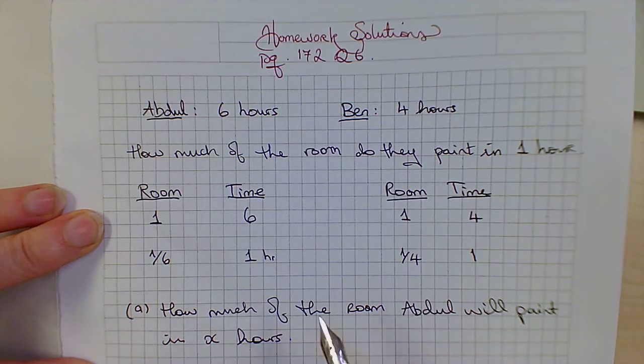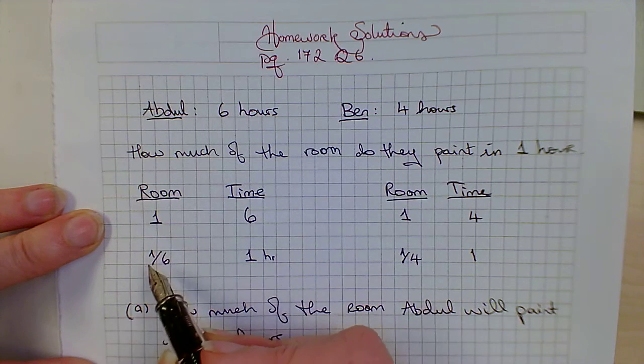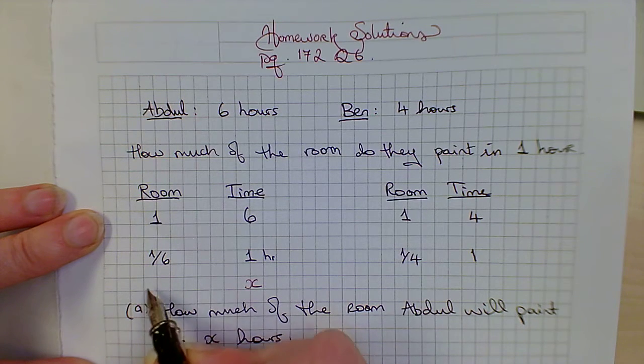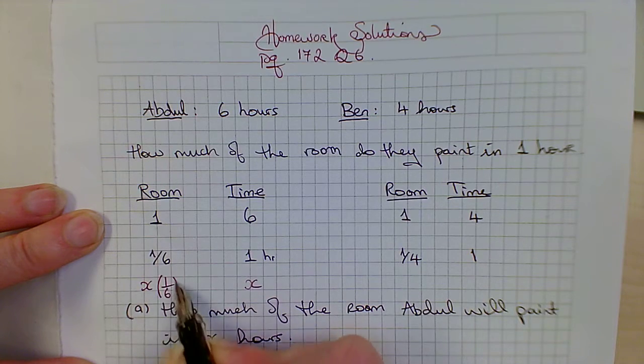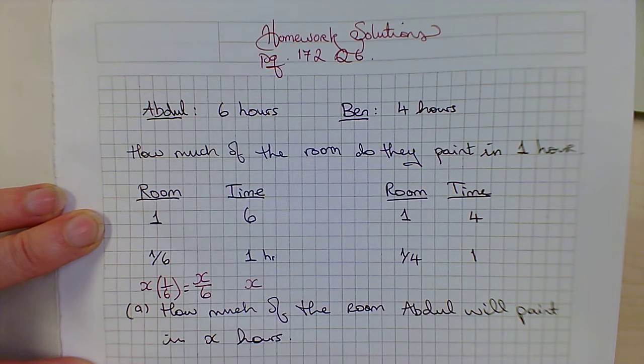But basically, all you're going to do is, by your unitary method, if 1 hour takes 1/6 of the room, then X hours, we've got to multiply it, will give us X by 1/6, which we've learned to write as X over 6.